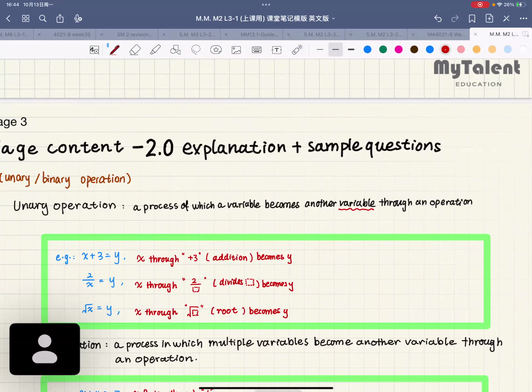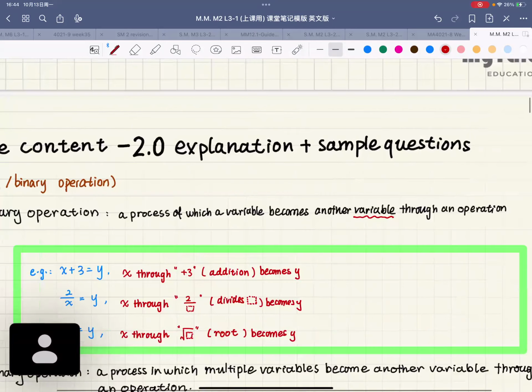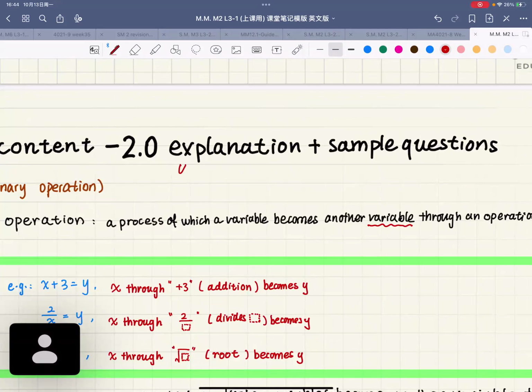No? Okay, so basically, unknown corresponds to one number.